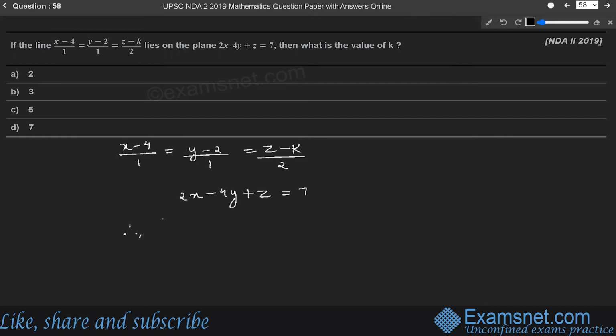Therefore, 4 comma 2 comma k satisfies the plane. So 2 into 4 minus 4 into 2 plus k is equal to 7. So 8 minus 8 plus k is equal to 7. So k will be equal to 7. Hence the correct option for this question is option number D here.